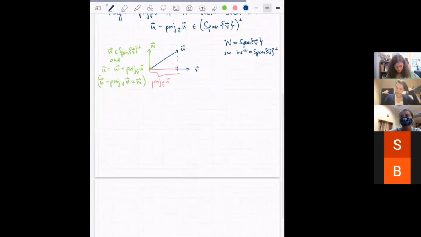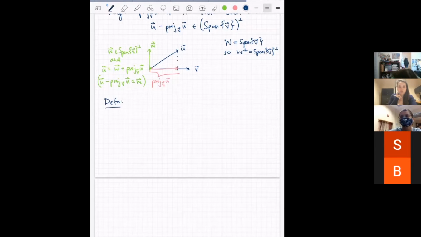Okay, so now we'll come back to this idea in a second, but we need to define a couple of things. The first is an orthogonal basis.